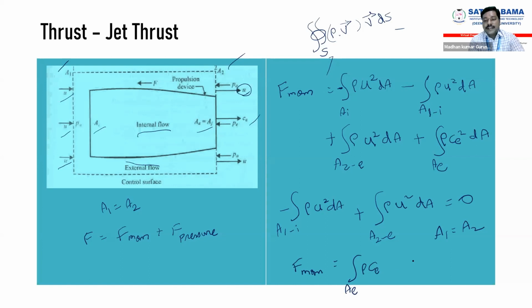With this we can integrate this equation, and finally we can write it as rho C square AE and then rho U square AI.